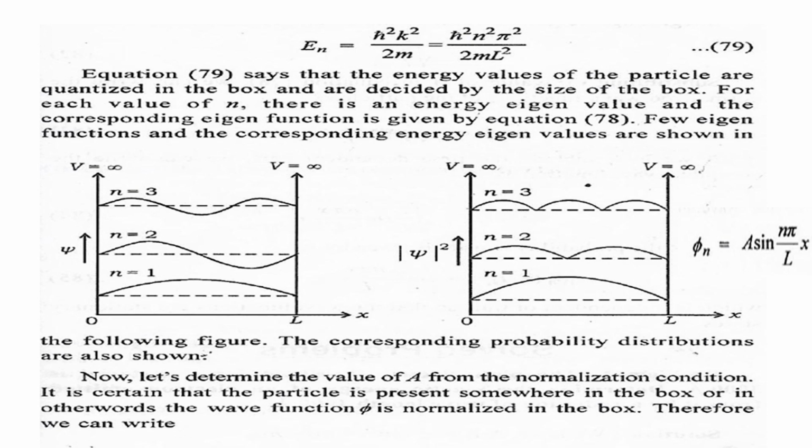So for each value of n, there is an energy eigenvalue, and the corresponding eigenfunction is given by the expression that we learned, that is, phi is equal to a sine n pi by L times x. You can see the wave function that is confined inside the box. When you put n equal to 1, the wave function is represented by this one.